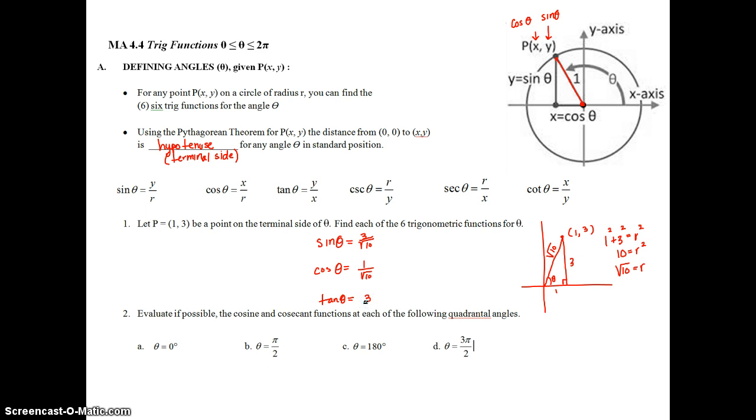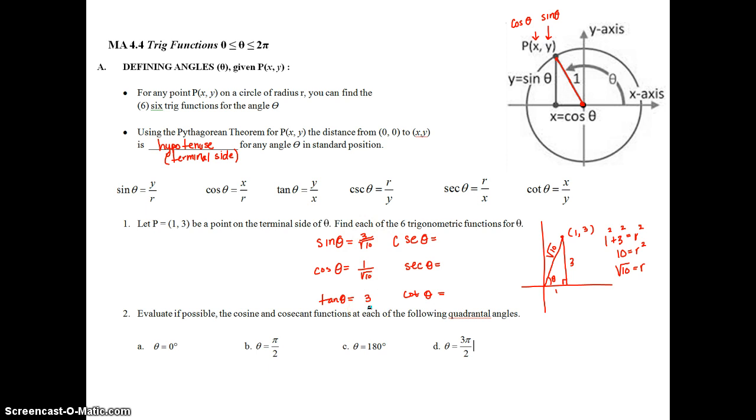Remember that once you find the sine, cosine, and tangent, it should be easy to find the cosecant, the secant, and the cotangent by simply taking the reciprocal of these 3. So go ahead and do that now.